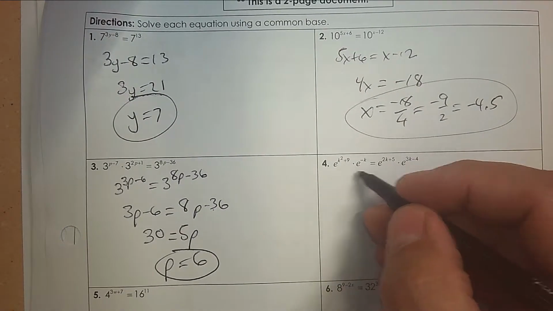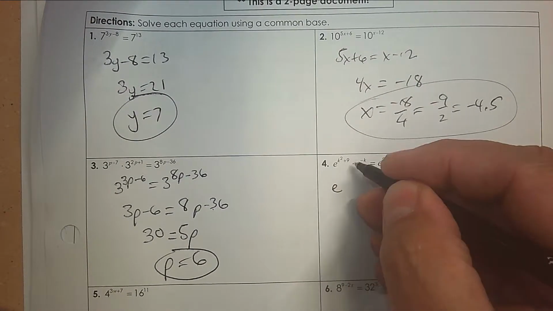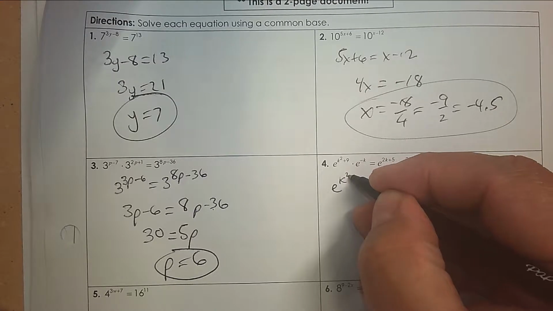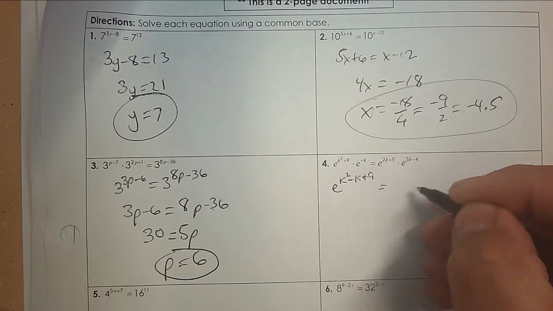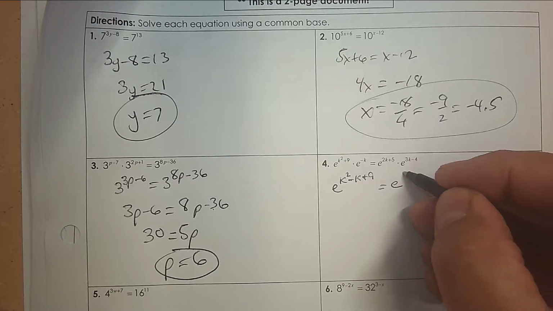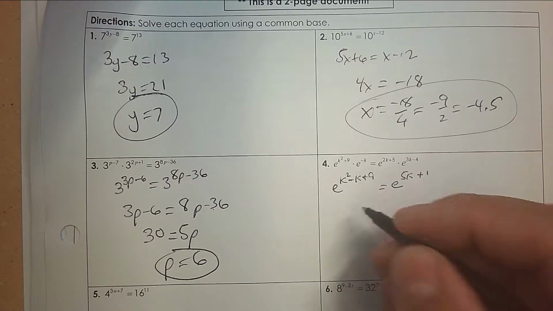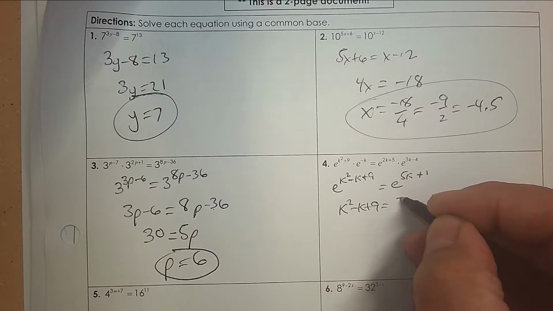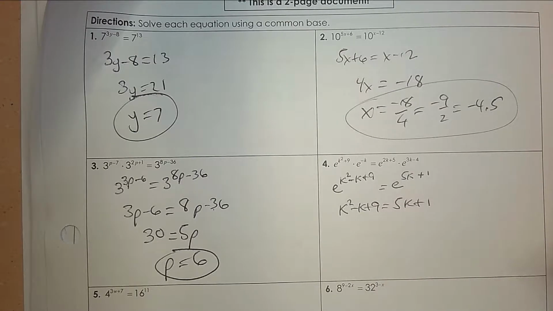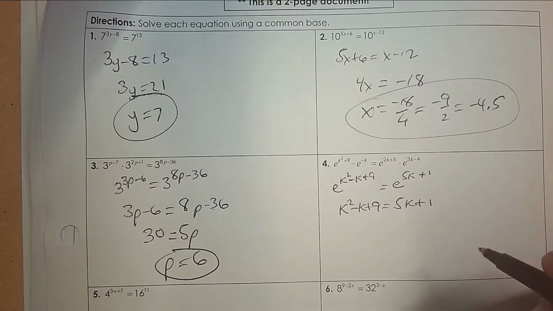Here, when you multiply, you add the exponents, so it's k squared and negative k and 9. On the other side, again, add them. 2 plus 3 is 5k, and 5 and negative 4 is 1. When the bases are the same, just write down the exponents. Notice this is a quadratic, so we're going to make it equal to 0.